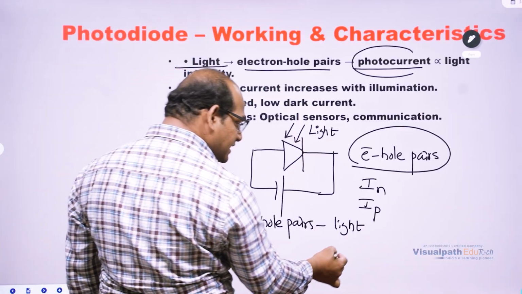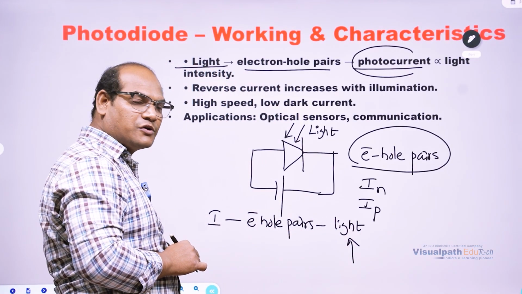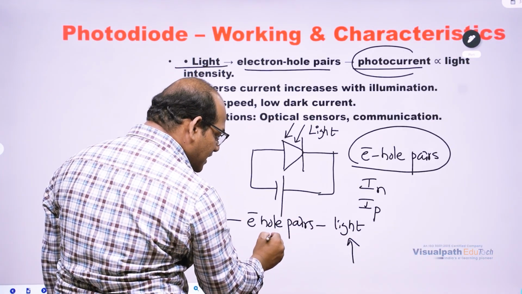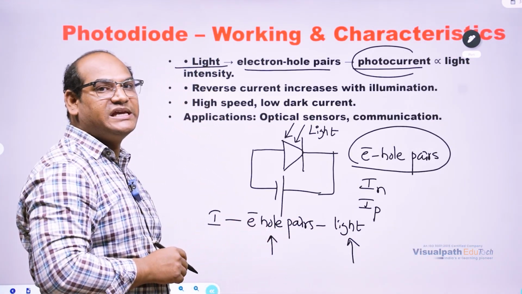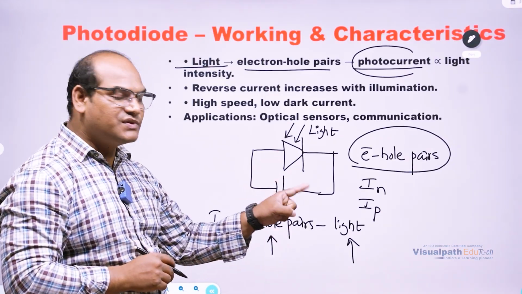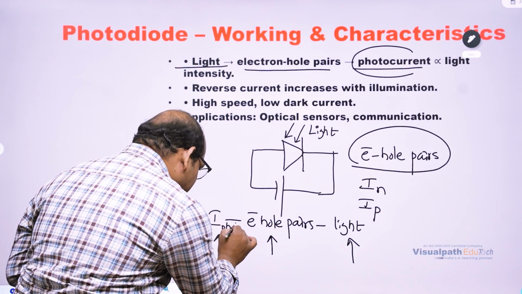If you keep increasing the light incident on the depletion region, the number of electron hole pairs will also increase. These are the charge carriers for the generation of the photocurrent, so the photocurrent also increases.